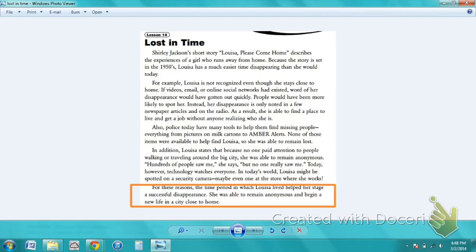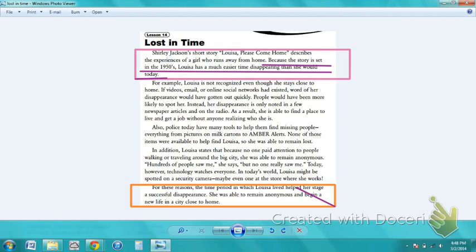Because the story is set in the 1950s, Louisa has a much easier time disappearing than she would today. In the introduction, the author says that Louisa has a much easier time disappearing in the 1950s than she would today. And similarly, in the conclusion statement, it says she was able to remain anonymous and begin a new life in a city close to home, which has to do with the fact that the time period in which Louisa lived helped her stage the successful disappearance.